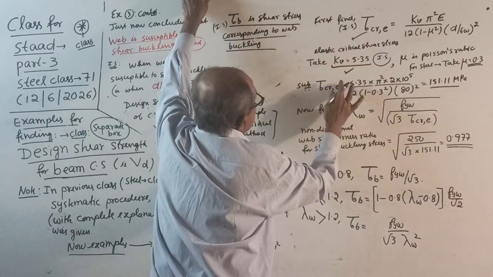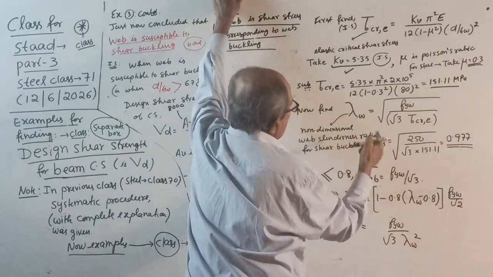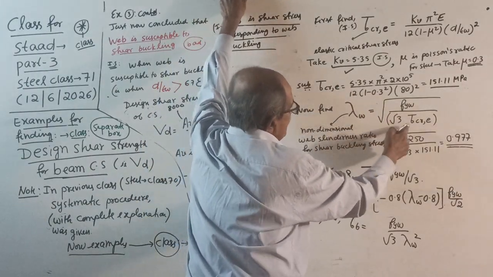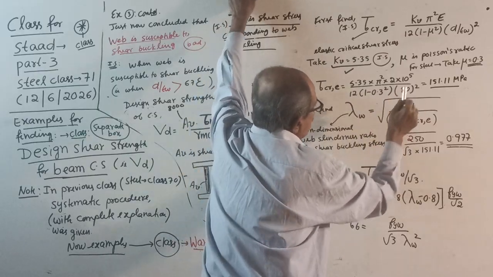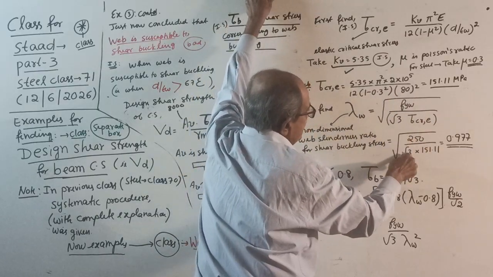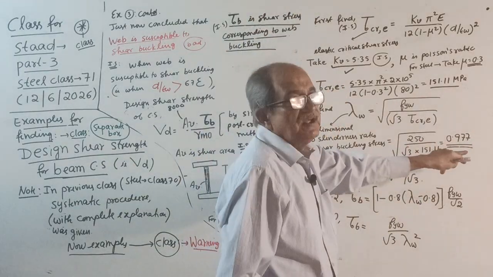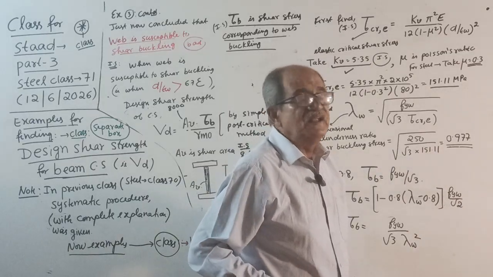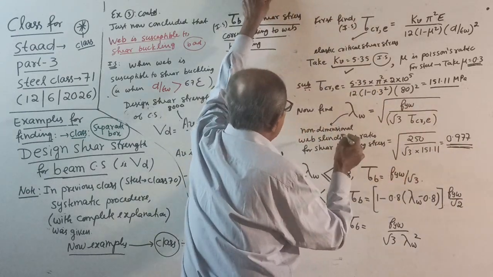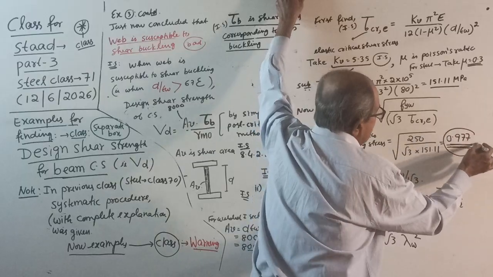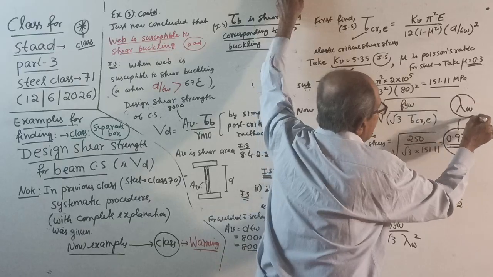So substitute lambda W equal to this formula. Substitute 250 by root 3 by 151.11. This is no unit, non-dimensional web slenderness ratio, 0.977. This is your lambda W. Be careful. This is your lambda W.